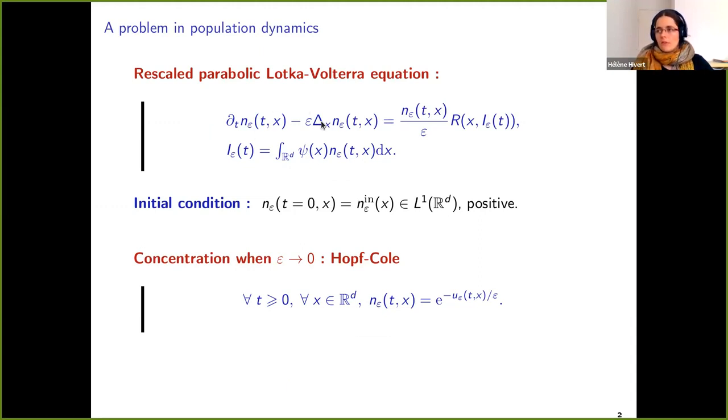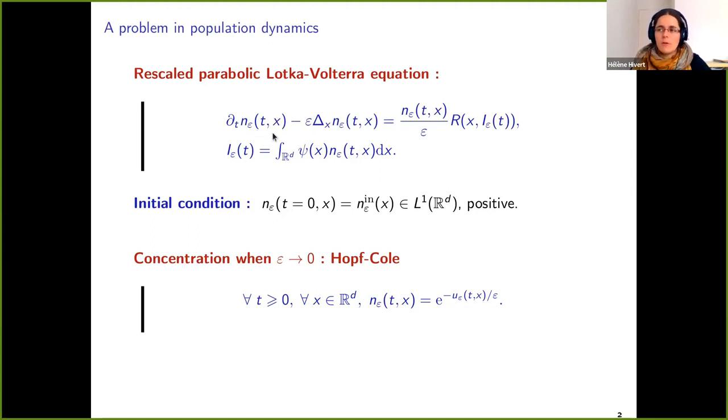When you consider this problem and make epsilon go to 0, with numerical simulation at least, it is easy to remark that when epsilon goes to 0, we have a concentration phenomenon, meaning that n converges to a Dirac mass located at a particular trait or some particular traits.